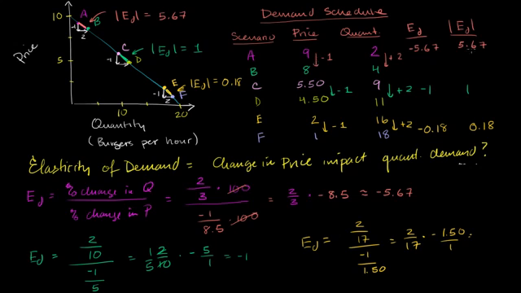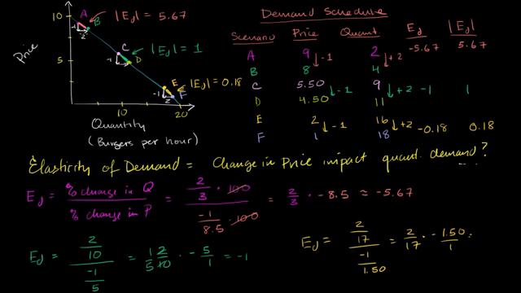And so that's why the absolute value of our elasticity of demand was a relatively large number. If you don't think about the absolute value, you get a negative number because this is a downwards sloping line. But if you focus on the magnitude of it, it is a relatively large number, a relatively large percent change in quantity relative to your percent change in price.